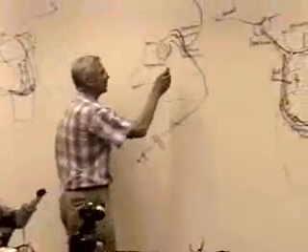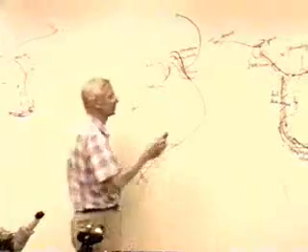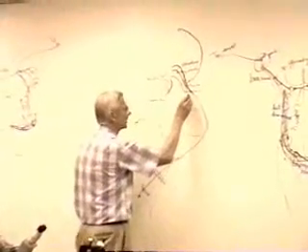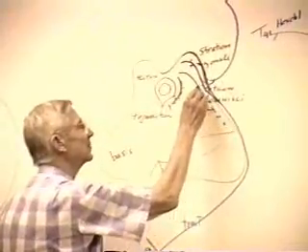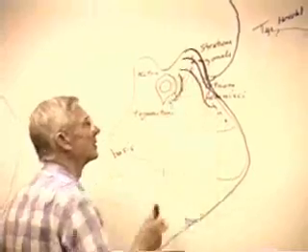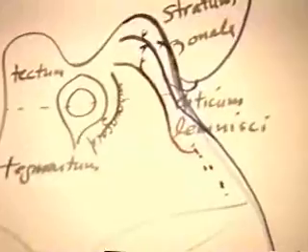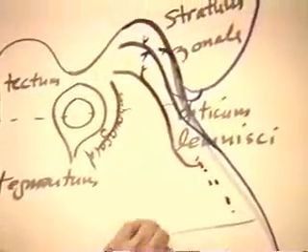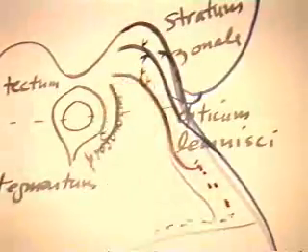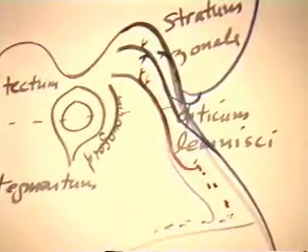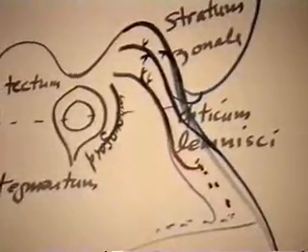And then we have fibers of the ascending somatosensory system. Spinothalamic, give rise to collaterals into the stratum. And of the medial lemniscus, same thing. And these, of course, have come.